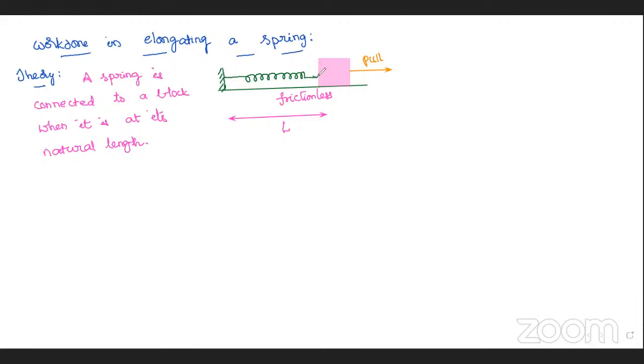But the problem is, it is connected to a spring at the other end. It is not just placed against, it is connected, which means the spring also tries to come along with this block. Observe, the spring is about to elongate or not? When I pull, surely it elongates.